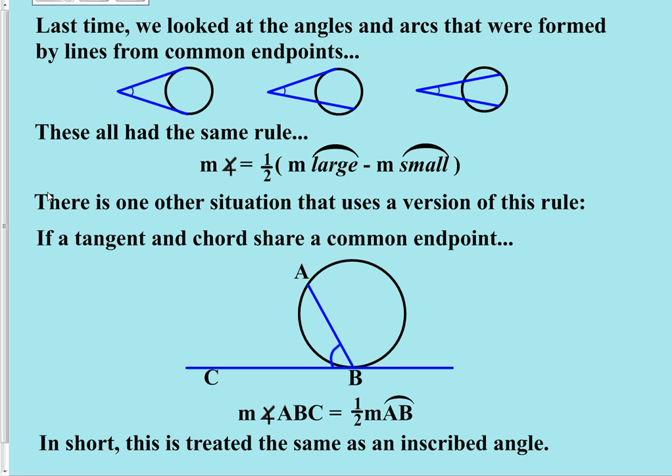And again, it would work the same if you use the formula up at the top of the screen. The only difference is there's only 1 arc caught between the chord and the tangent instead of 2. So in the formula up top, you would not have 2 arcs to subtract from each other. You would just have 1 arc in there minus nothing, so it's just 1 arc. And either way, it would work out.